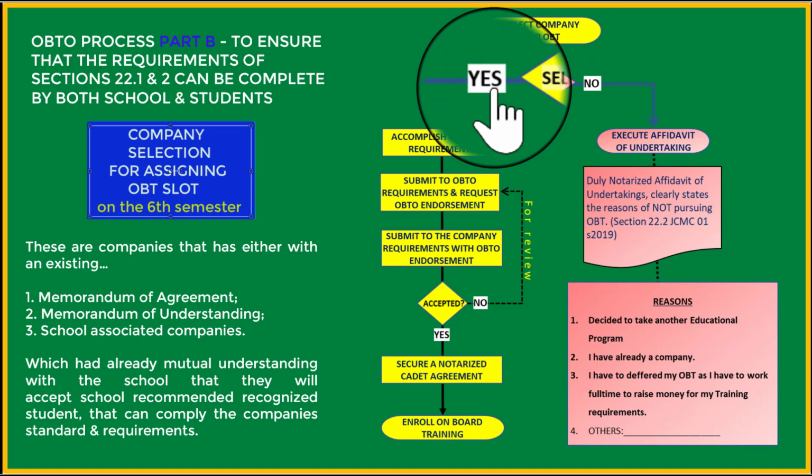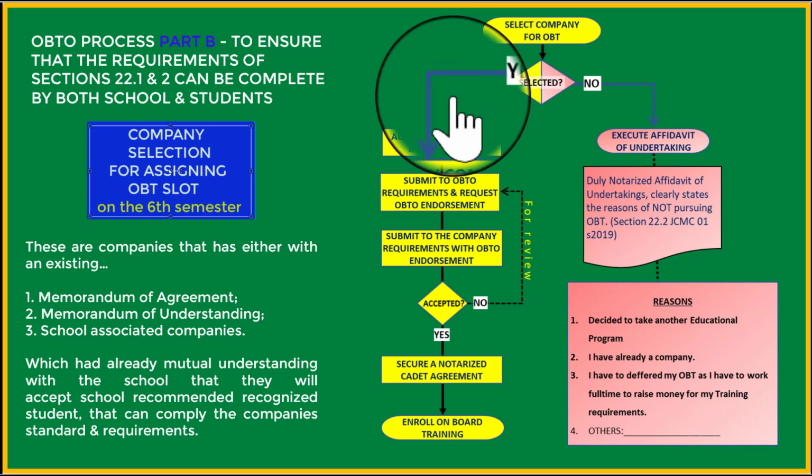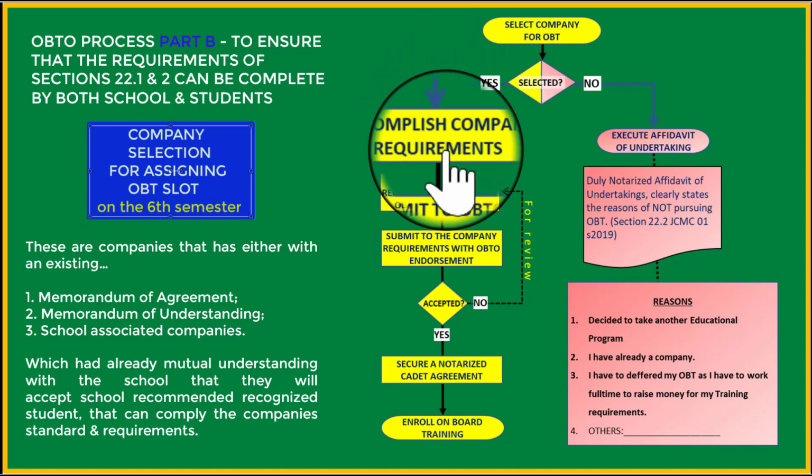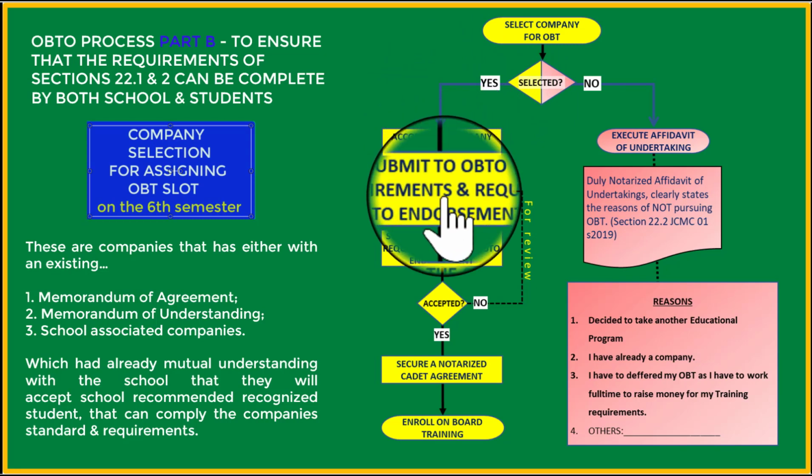Once you selected the company, you will be given a list of names of company. You accomplish the requirements of the company, then submit it to the onboard training office and request an endorsement.